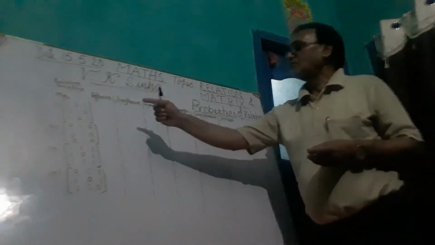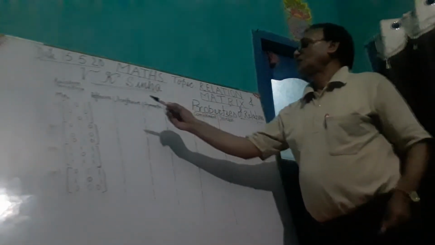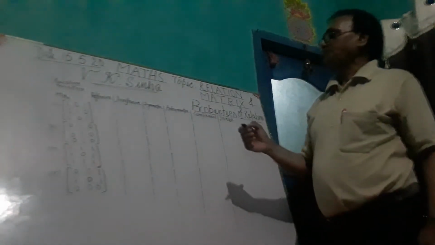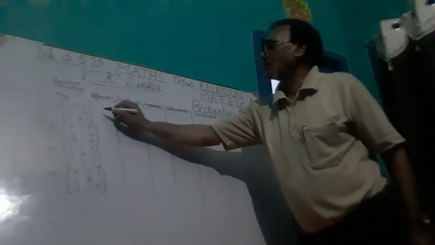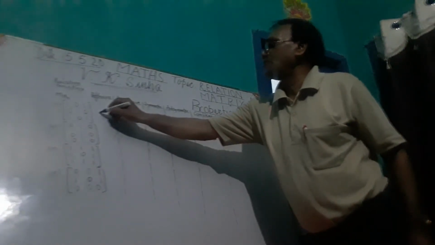You can see there. And here we try to see how we apply the properties of relation and how we check.